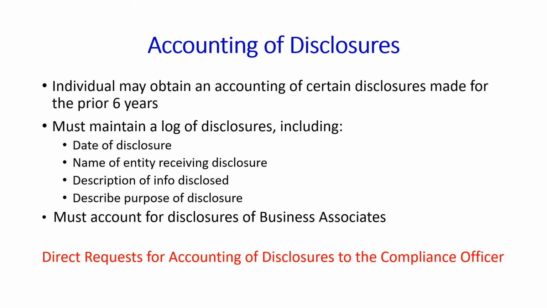Remember, if we are doing business with business associates who may also be disclosing PHI to parties outside the business associate structure, the business associate should also be supplying information about those releases to the SEAS Group so that information may be included in the accounting of disclosures log we must maintain for each of our patients. Direct requests for accounting of disclosures should be directed to the compliance officer.